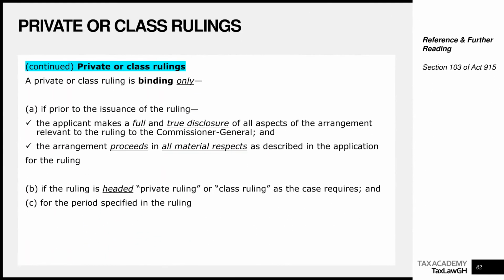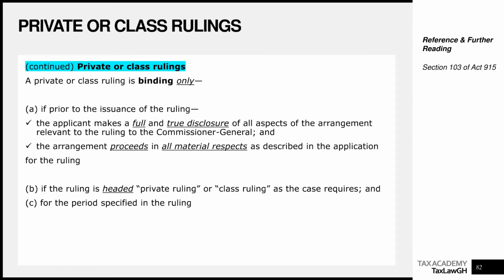For example, a private or class ruling is binding only on certain conditions. The first condition is that before the issuance of the ruling, you, the applicant, made a full and true disclosure of all aspects of the arrangement. So don't hide a particular fact that may be important to him making a decision. If, let's say, you want a decision, let him know: is the business between a resident and a non-resident?